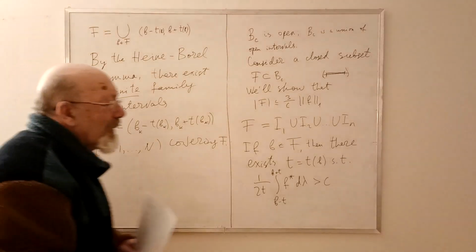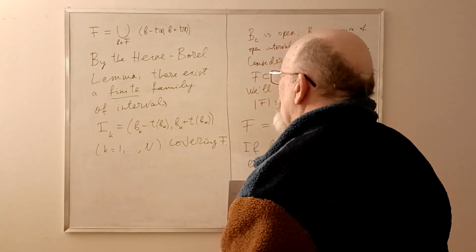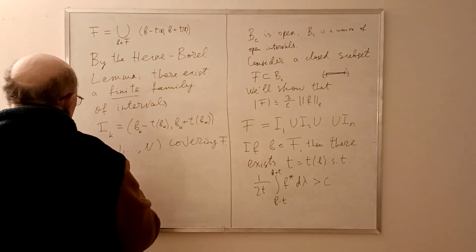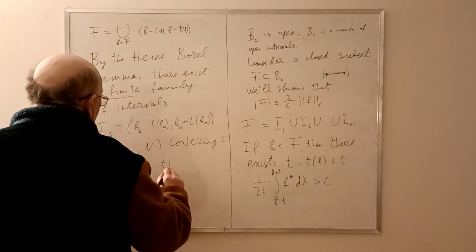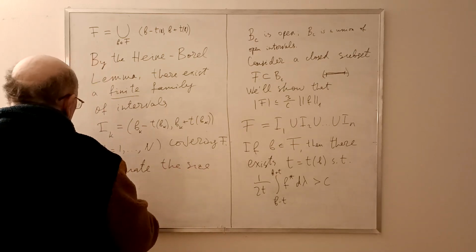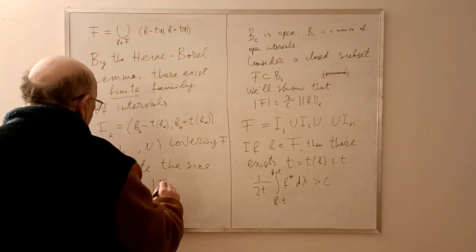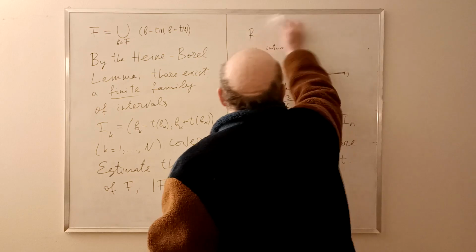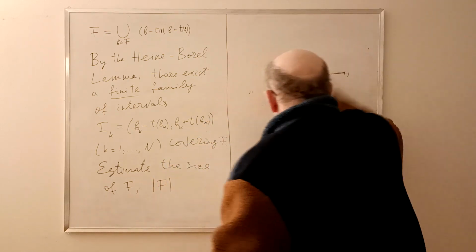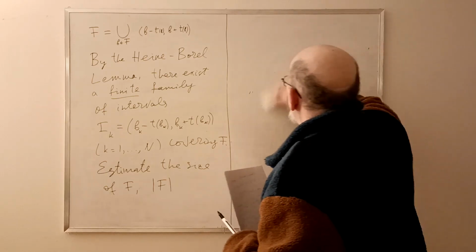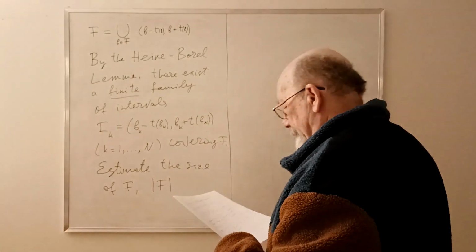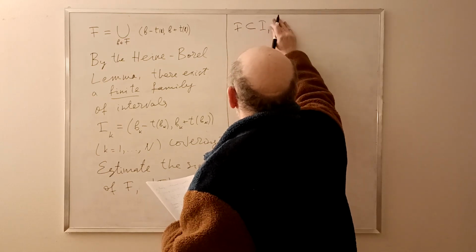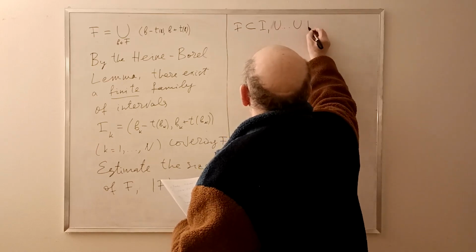Now we can estimate the size of F, the norm of F. And here will be one or two tricks, maybe three. F is a subset of I1 union up to IN.